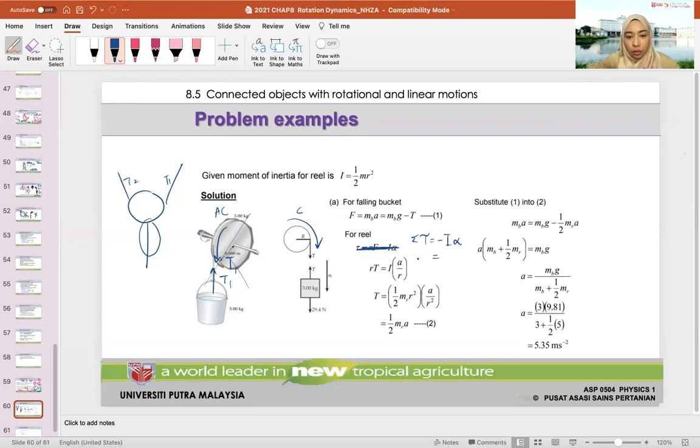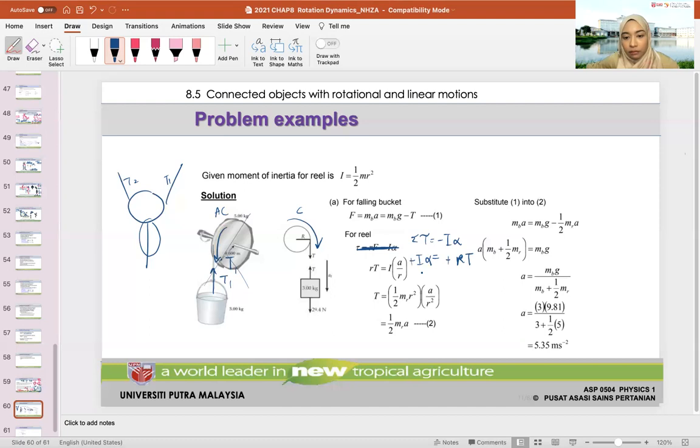Therefore, the equation should be minus T minus R minus capital R T. So this would be equal to your condition that you wrote up here, and it is equal to I alpha, minus I alpha is equal to minus RT.